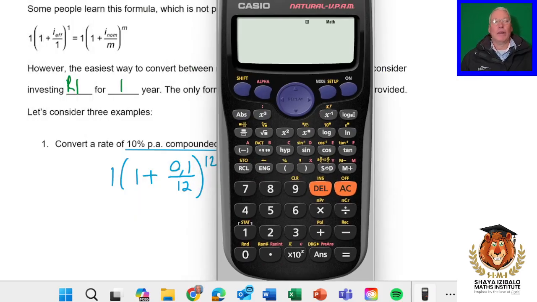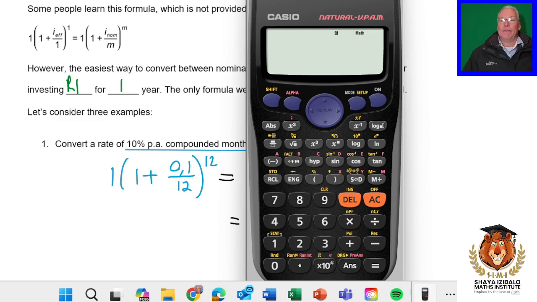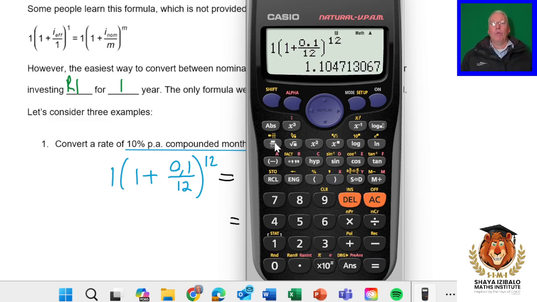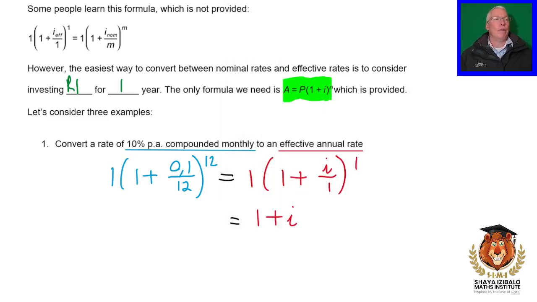Okay, so let's take a look. The left-hand side, as I said, 1 bracket 1 plus 0,1 over 12 to the power 12. And we get 1,1047.